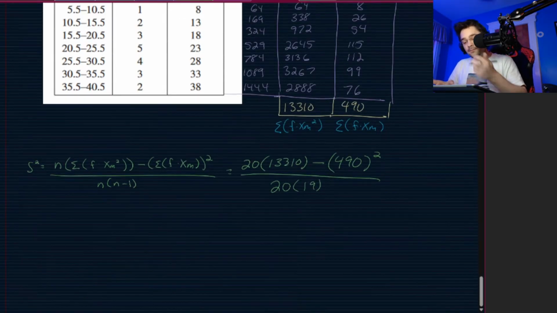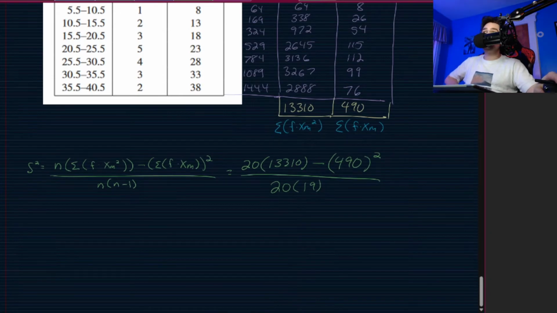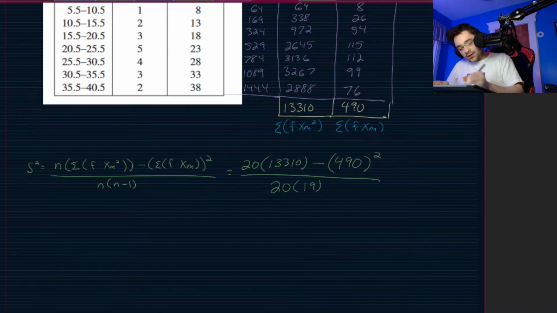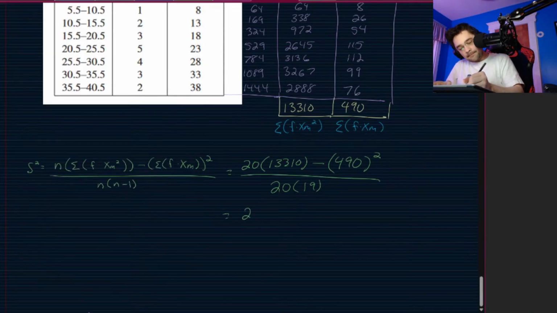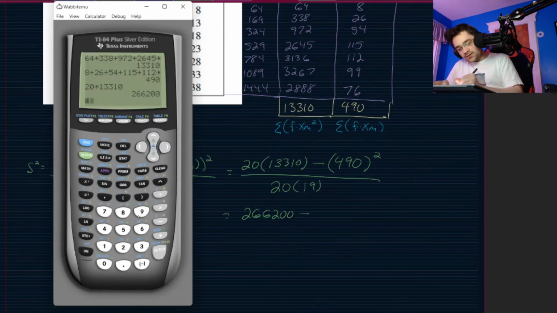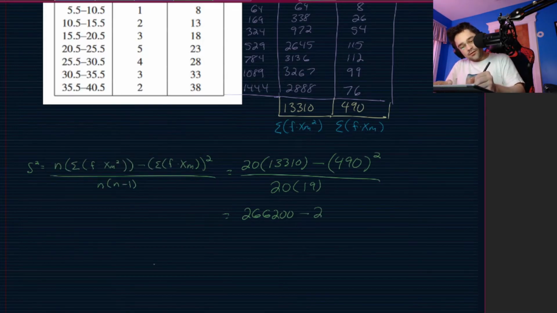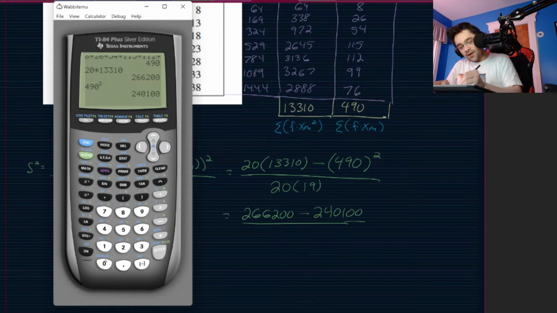And so this is what we're going to have to use to calculate our variance here. Let's see. 20 times 13,310 is 266,200, minus 490 squared, whatever that is, 240,100. And this is all divided by 20 times 19. You've got to do correct order of operations, right, guys?